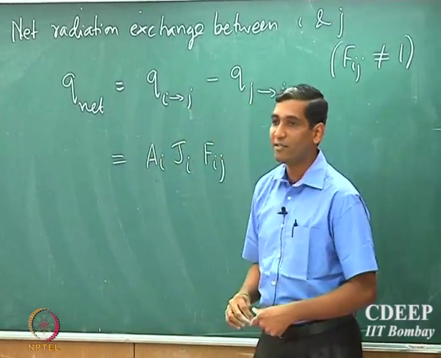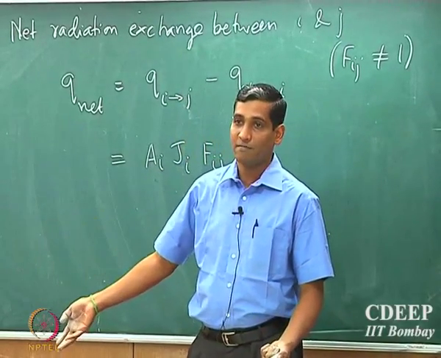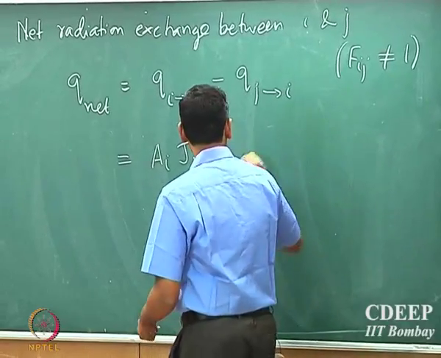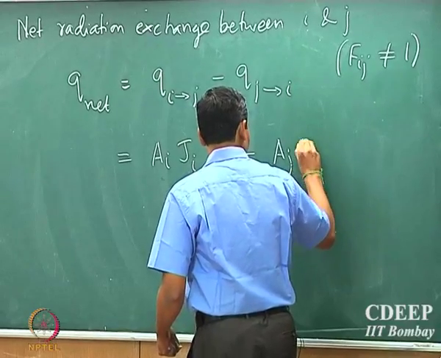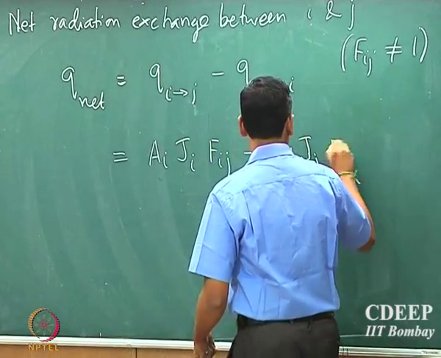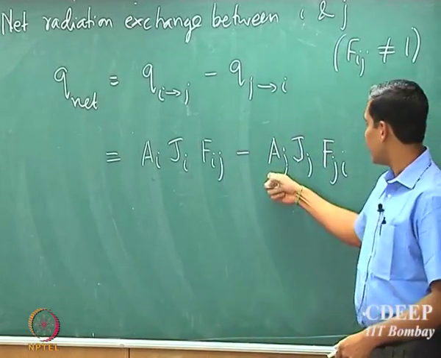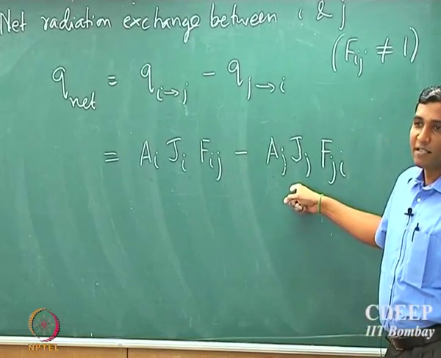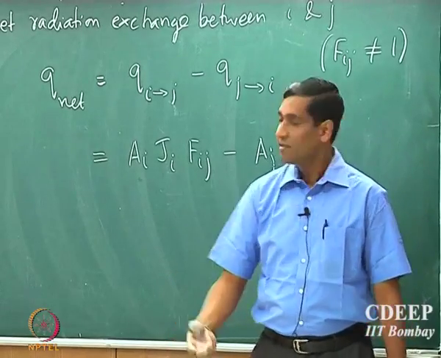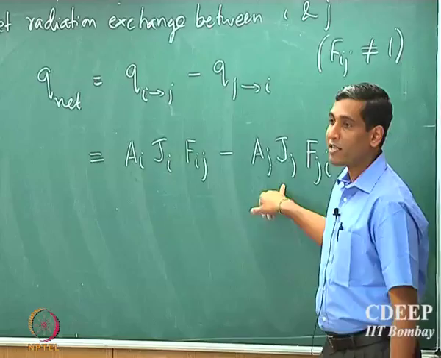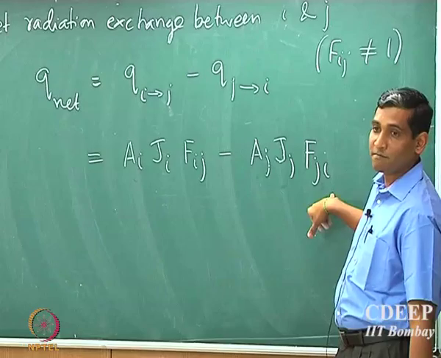So that's what tells you what is that fraction which is received by the surface J. Okay. Minus Qji is given by Aj Jj Fji. Okay. So this Aj into Jj, that is the rate at which the radiation is emitted by surface J, and what fraction of that is intercepted by surface I is given by product of that with the view factor.